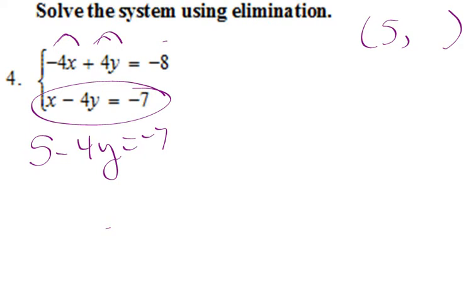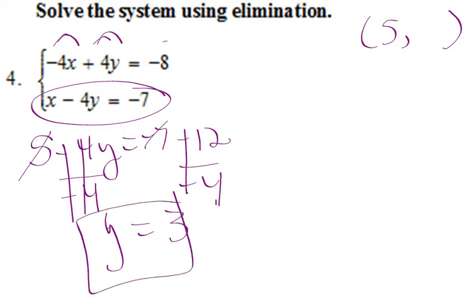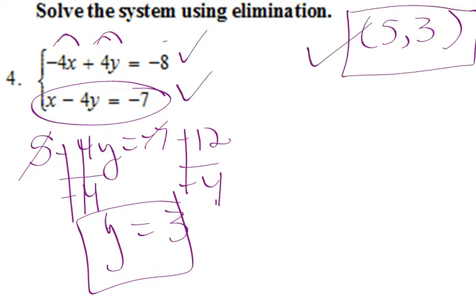Now I'm going to subtract 5 from each side, and I get a negative 12 over here. Divide each side by negative 4, and I get that y equals a positive 3, because the signs cancel out, and 4 goes into 12 3 times. So there's my y, and when you plug x and y back into both equations, it will make a true statement. So my answer is 5 and 3.